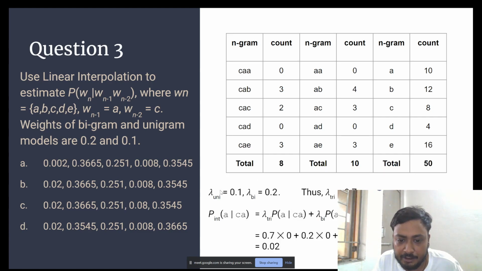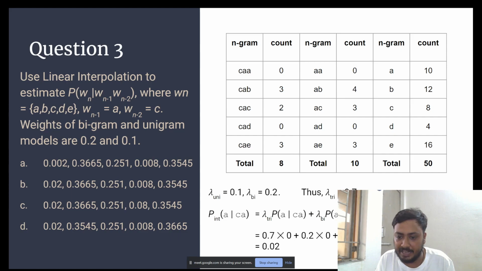First we need to find out the lambda for each of the terms. In an interpolation model, we try to find all the possible n-gram estimates, and we give different weights to each of them. For example, to find the interpolation estimate for A given CA, the probability of A given CA, we weight it with the weight of the trigram model.